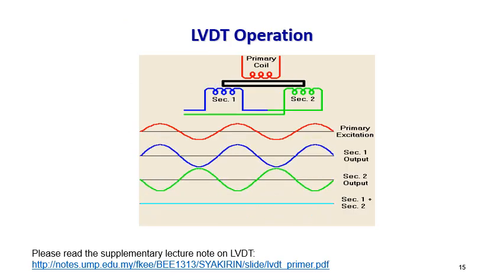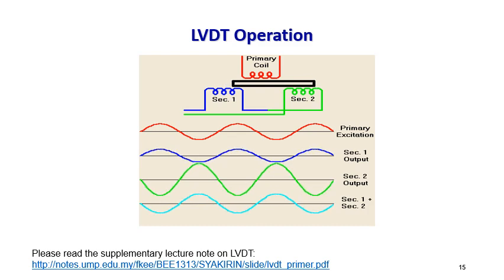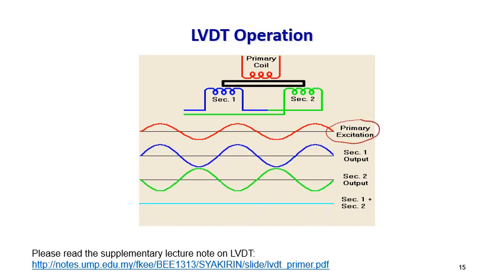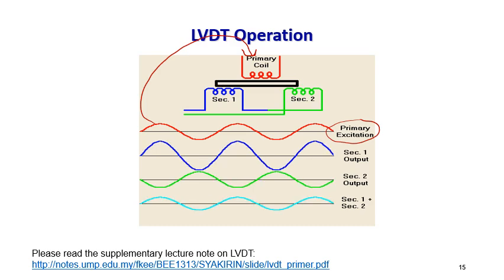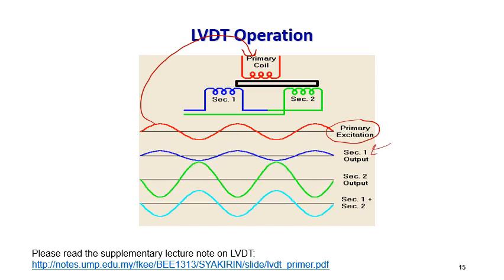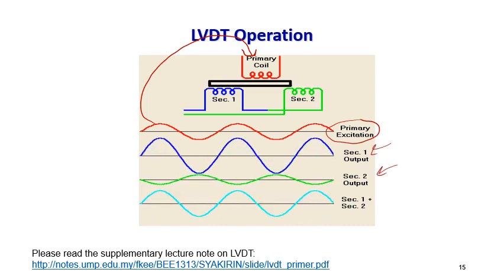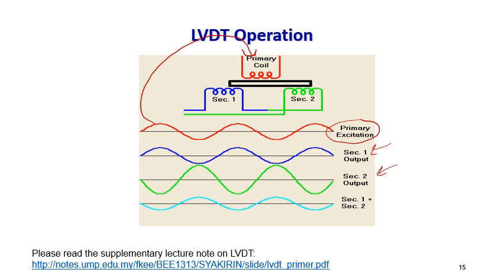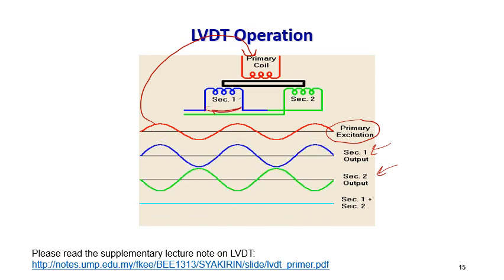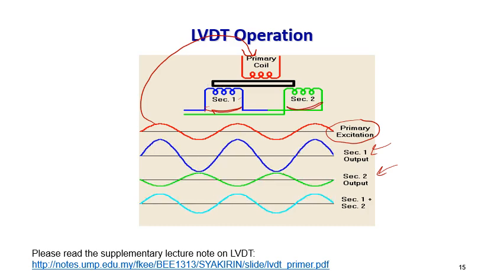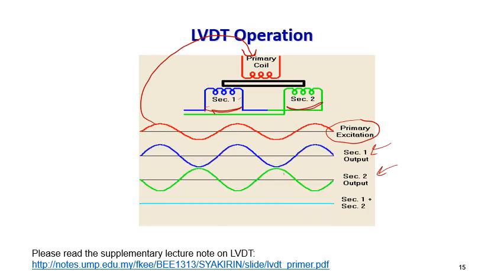This figure shows us how the motion makes changes in the voltages. The primary voltage is this one, the red color given here. If I look at secondary one and secondary two, which were called VA and VB earlier, the blue color comes from the blue coil, and the green color comes from the green coil, and their total will be this color, this one.